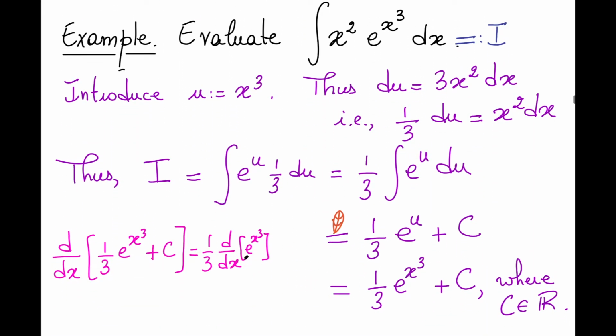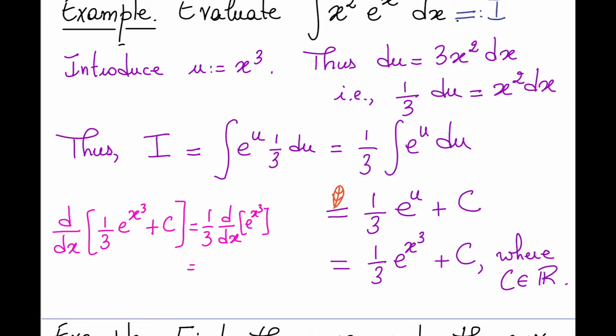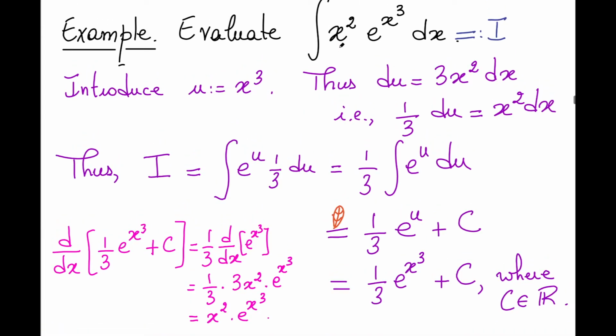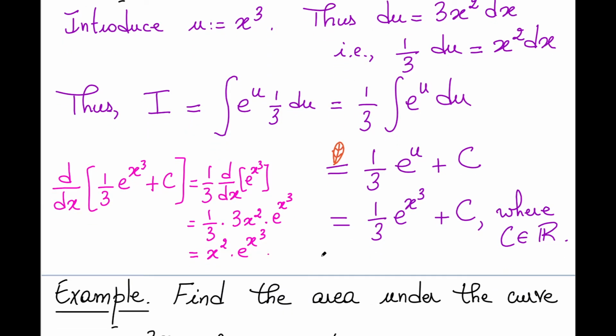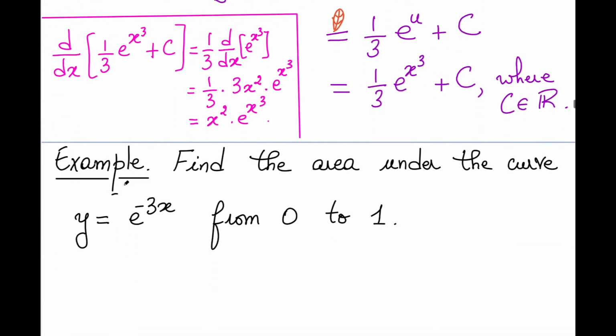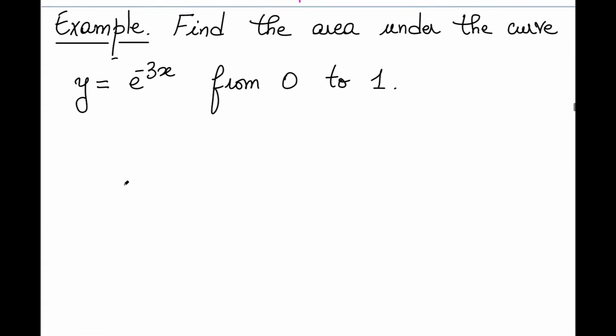So 1/3 times 3x squared times e to the x cubed is x squared times e to the x cubed, which is the integrand. See it? It's right there. Very good. So this is like checking the work. You don't have to do it, obviously, but just to get used to differentiating the exponential function with base e, going back and forth.